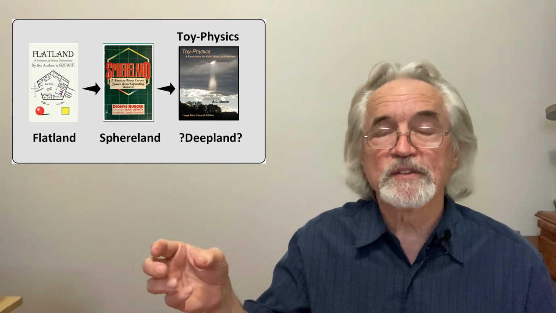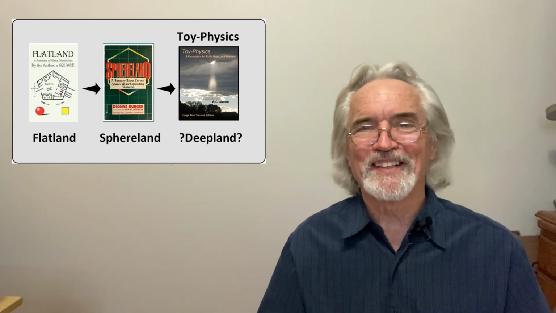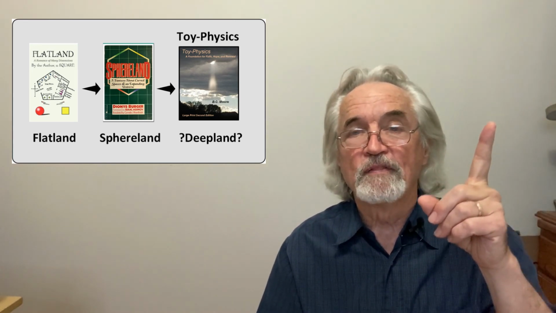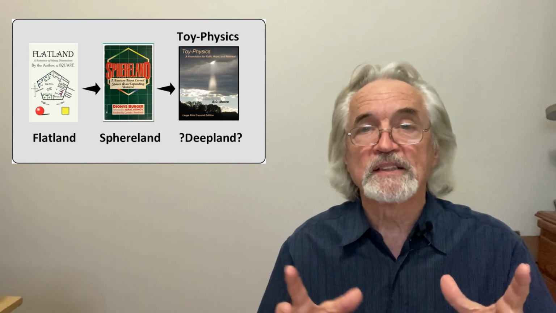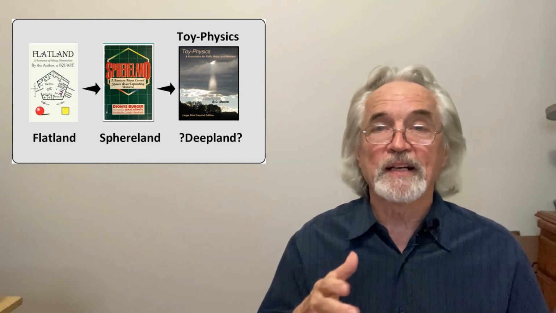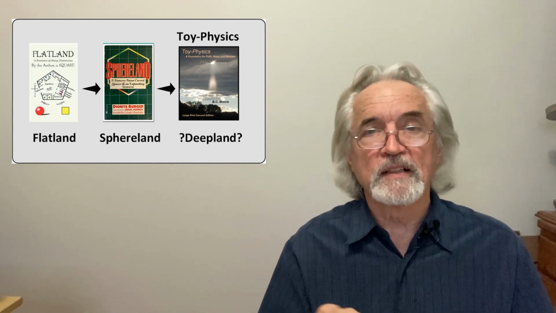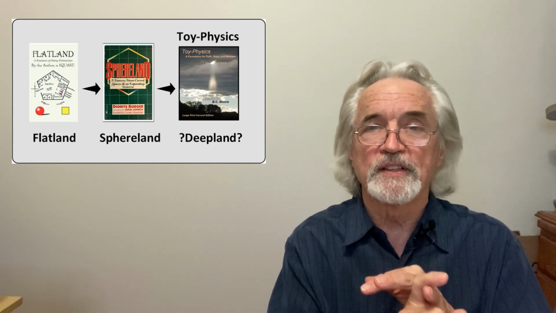The toy physics really could be called deep land, because instead of thinking that there's a fourth pointing dimension, a fourth dimension that points, no, there's a fourth dimension, but it doesn't point. It's an inner dimension. And it's mathematically, actually a really elegant mathematical concept that does use the same basic mathematical machinery that physics uses.